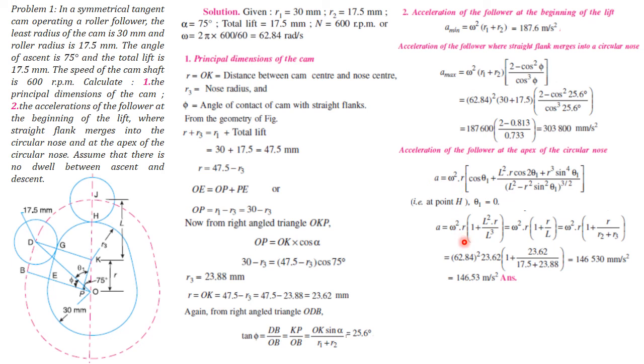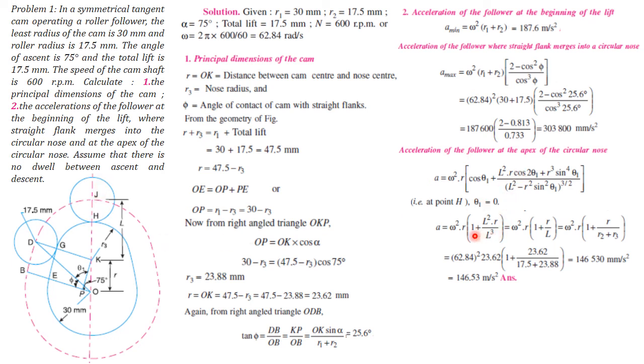So by putting the value of omega and r, now in this equation we need to find the value of L. Now what is L? L is nothing but the distance between the center of nose and the center of roller. So L is equal to nothing but R3 plus R2, that can be found.